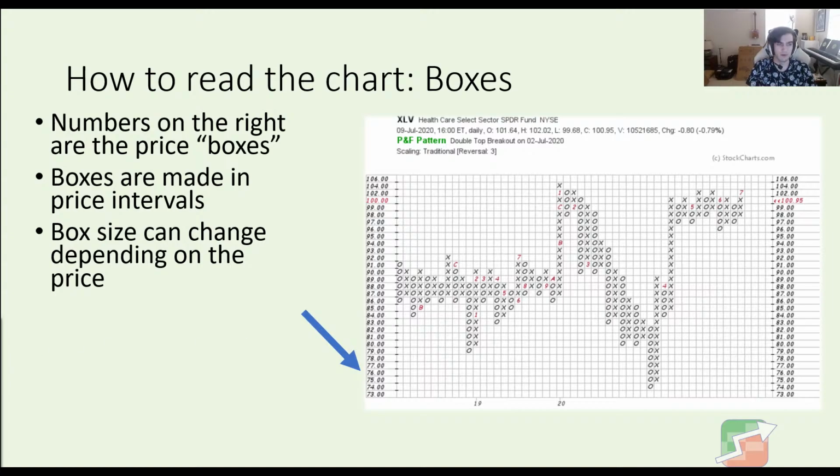But look what happens here when it gets to $100. From $100 up, we now have 100, 102, 104, 106. So we went from $1 per box to $2 per box.